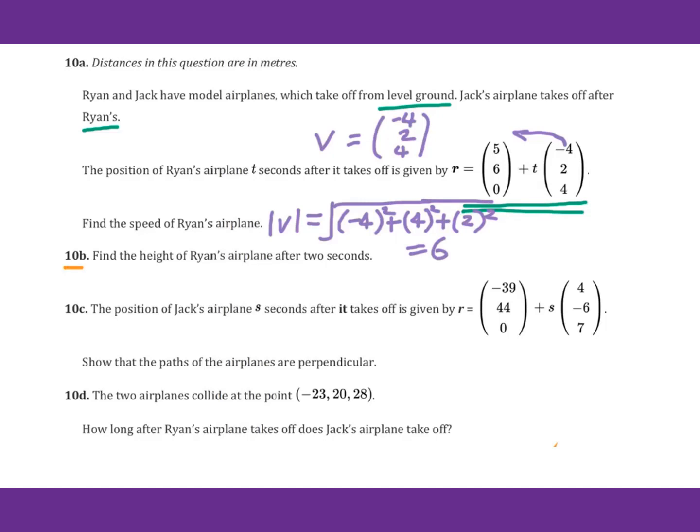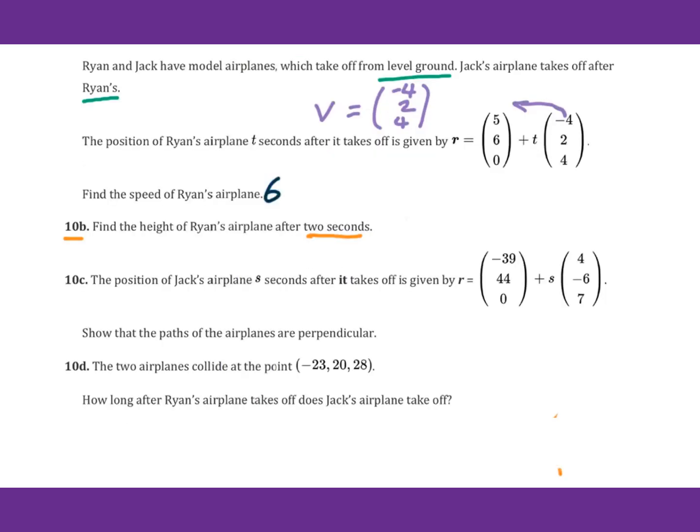For 10b, find the height of Ryan's airplane after 2 seconds. We need to plug in t equals 2. Therefore, the position x, y, z equals 5, 6, 0 plus 2 times negative 4, 2, 4.